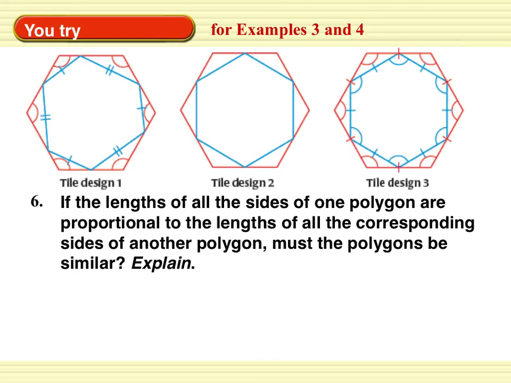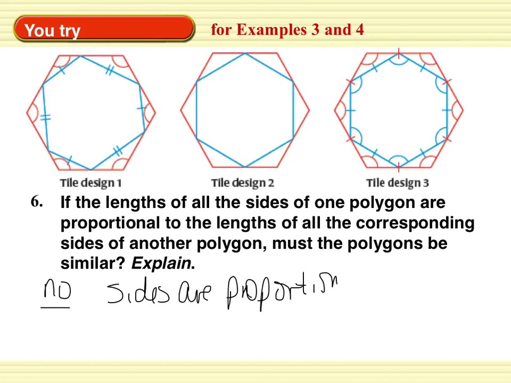Number 6, if the lengths of all the sides of one polygon are proportional to the lengths of all the corresponding sides of another polygon, must the polygons be similar? Explain. No. Even if the sides are proportional, the angles may not be congruent.